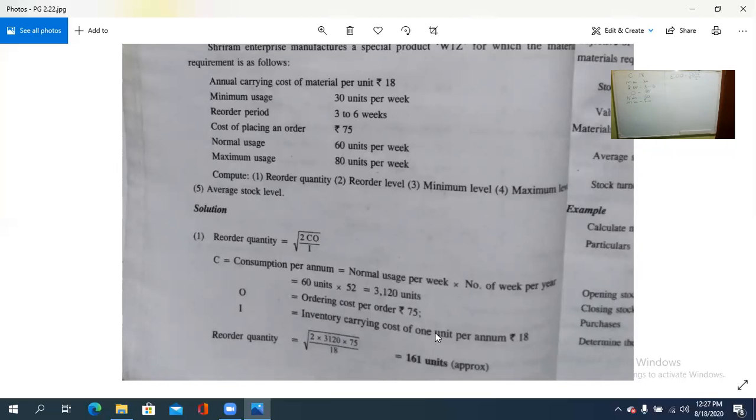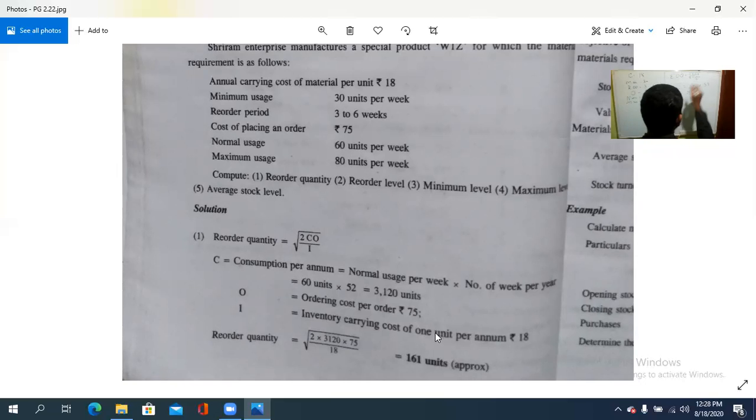Normal usage is 60, into 52 weeks, because everything is given in weeks. So it is 3120.